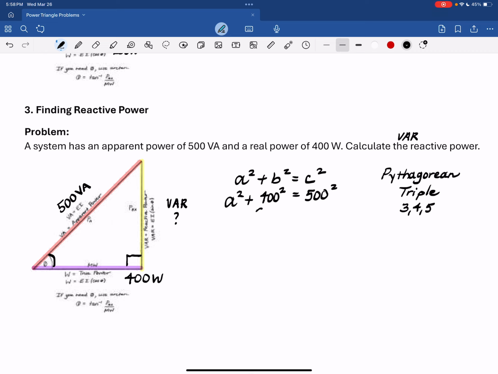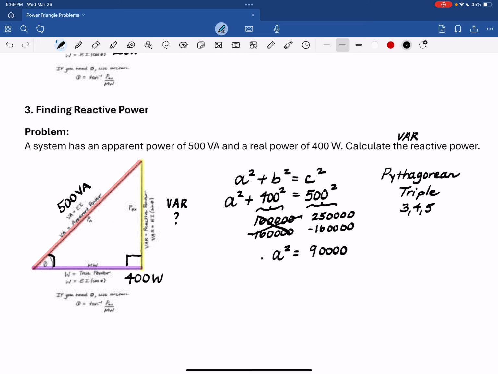So we don't know A, we'll leave it alone. 4 4s are 16, and then we have 2 zeros coming in from each of those terms. And then 5 5s are 25 with 2 zeros for each of the terms. So I need to minus the 160,000, cancel that. So I'm left with A squared equaling 25 minus 16 is 9 with 4 zeros.